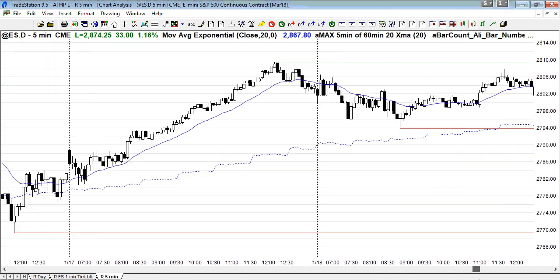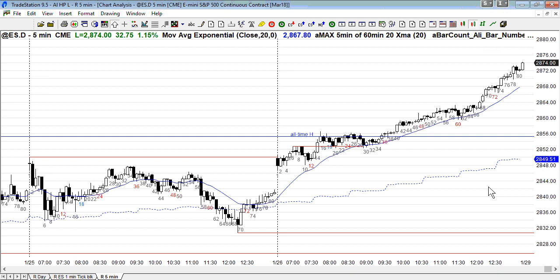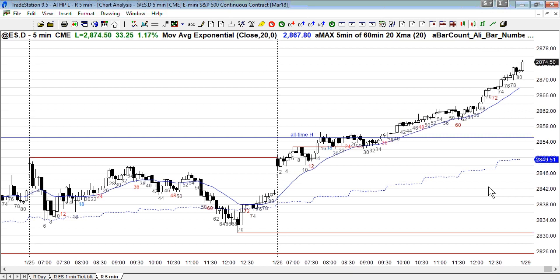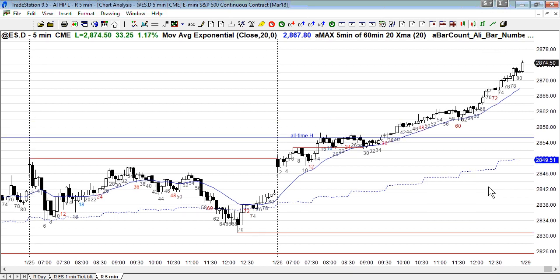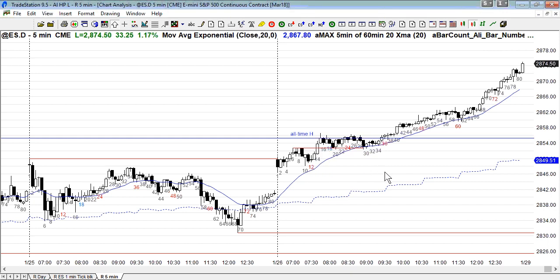It's also possible that we could collapse. It's so climactic, and there's a potential for news, with Mueller, but the chance of it is small. The odds are Monday will be sideways to up, and the odds are January is going to close at or very close to its high.